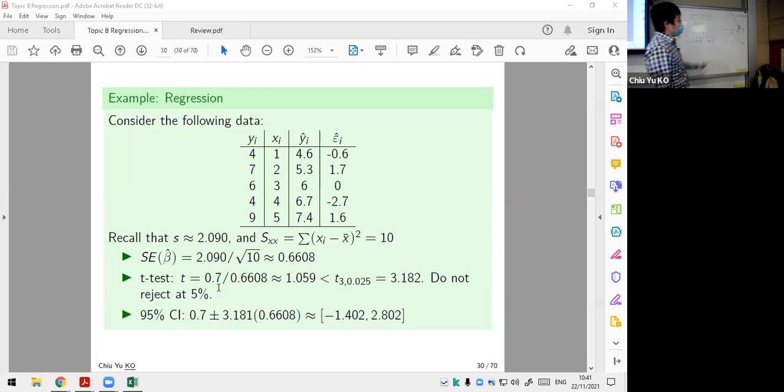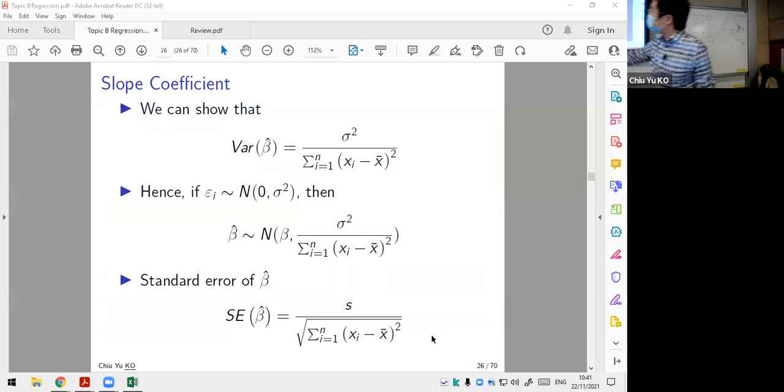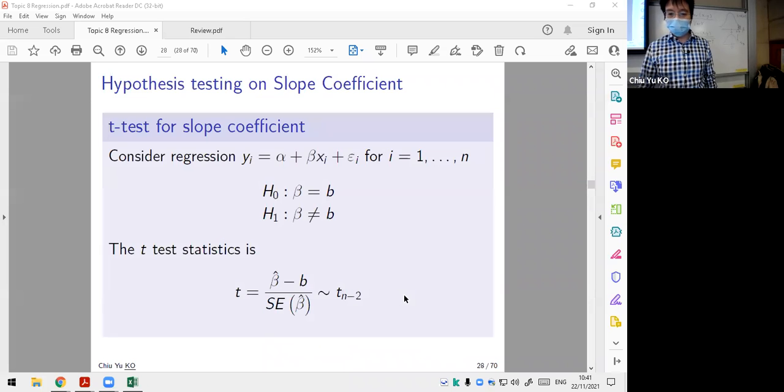When we know sigma, it's a bell shape, right? Because we know sigma, then we have this guy, right? But since we don't know it, we use a t, so it'll be t with n minus 2 degrees of freedom. 5 minus 2 is 3.